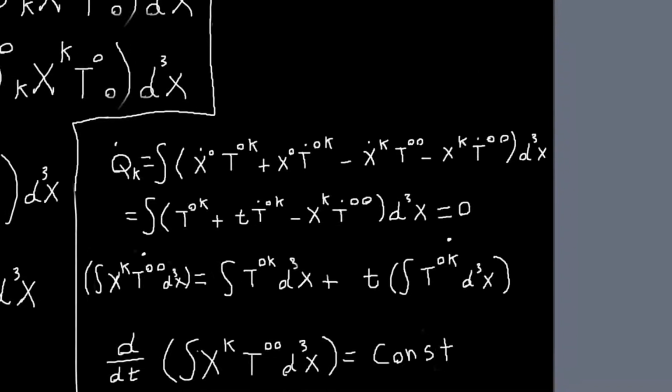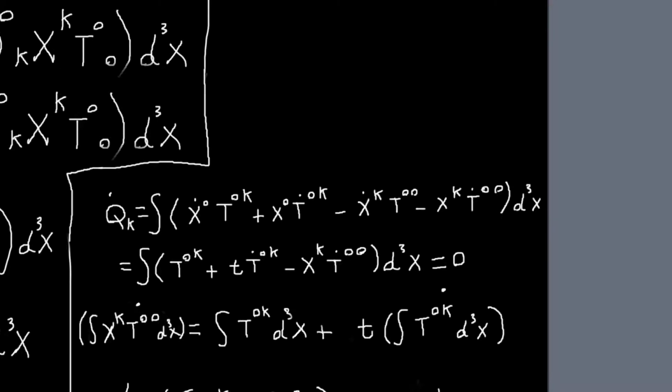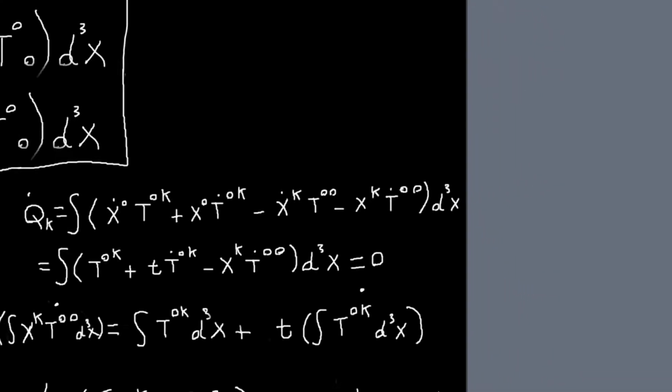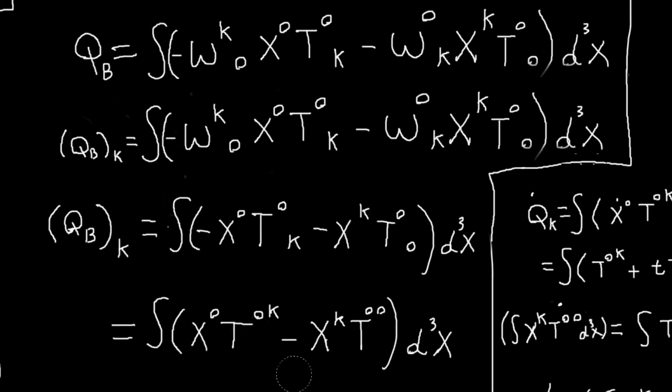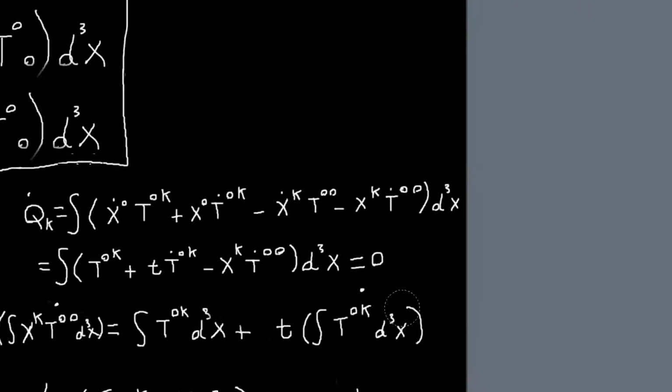And then finally, the last part of the problem involves our charge Q_k. If we take the time derivative of it, we will get this, which you can verify by using the product rule on each term.